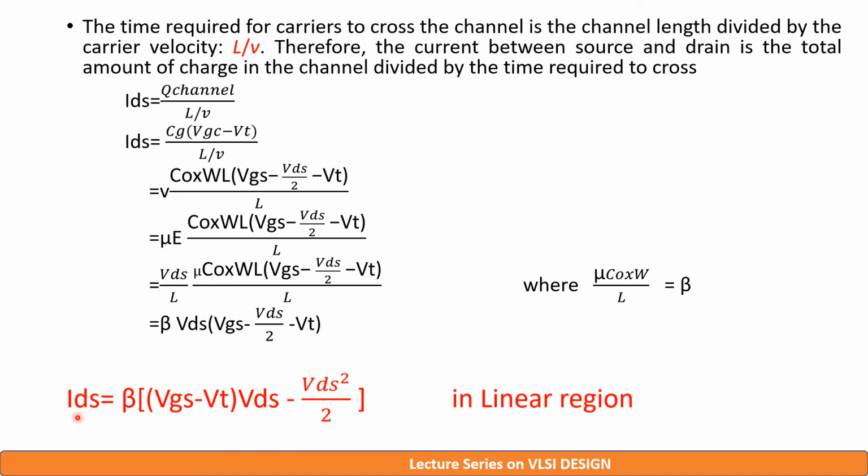So this can be written as IDS equals beta times Vgs minus Vt into Vds minus Vds square by 2. So this is the expression of current in linear region.